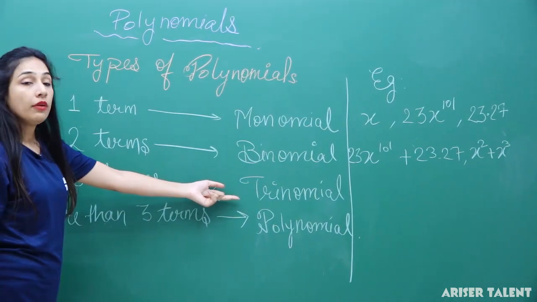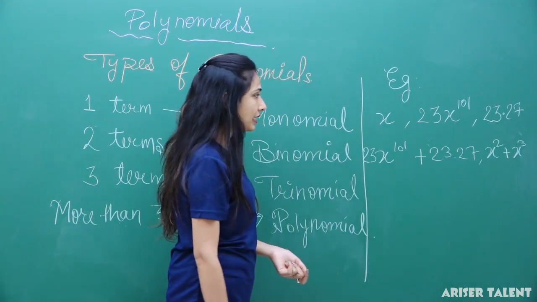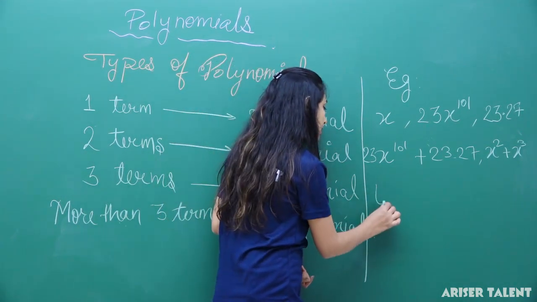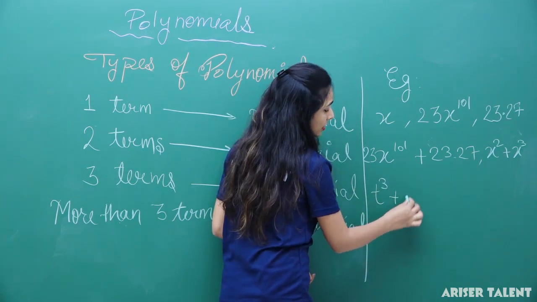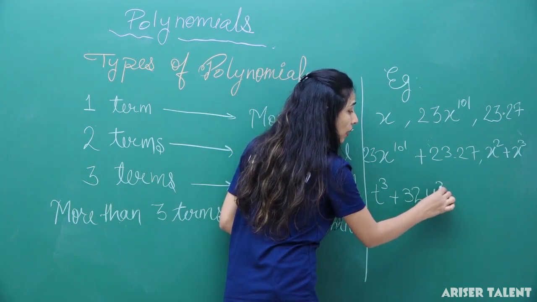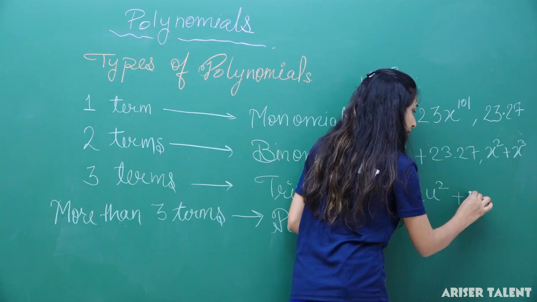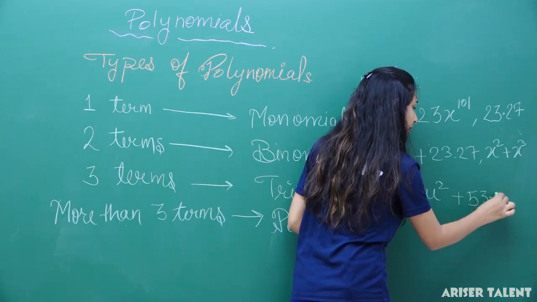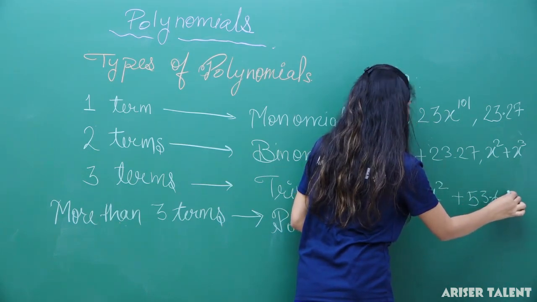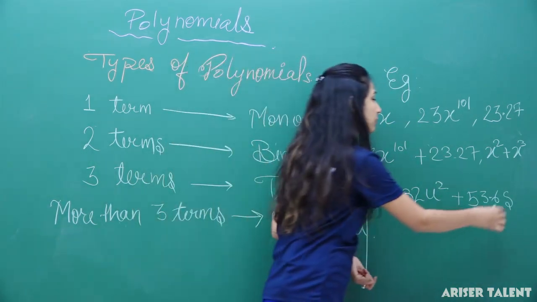2 terms are there, that means this is also a binomial. Right. Now moving towards the trinomial, that can be t cube plus 32 u square plus 53.6 s, or let's say s square.